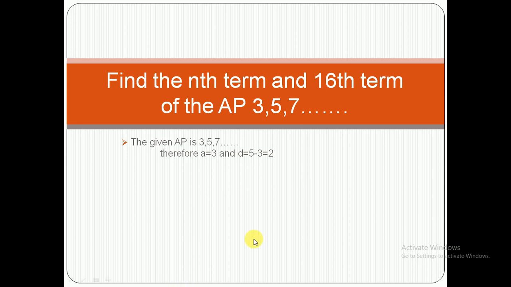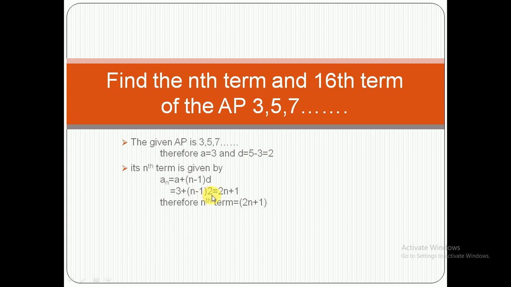a is equal to 3 here and d is equal to 5 minus 3, that is 2. Already you know the general term or nth term. The nth term is given by an is equal to a plus n minus 1 into d. So we substitute the value 3 for a, n we don't know, n minus 1 into d, which is 2.